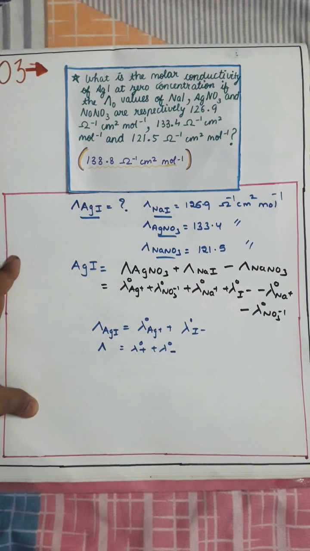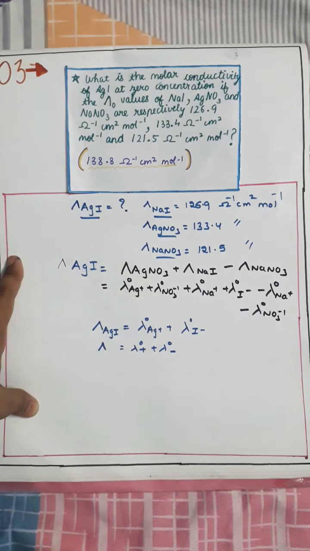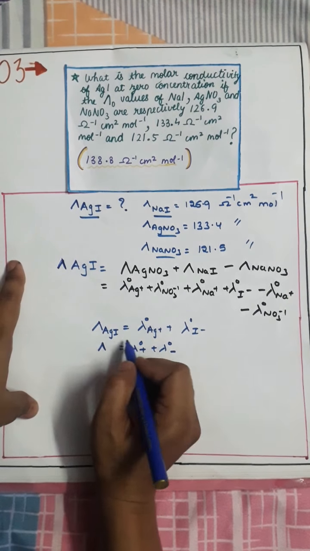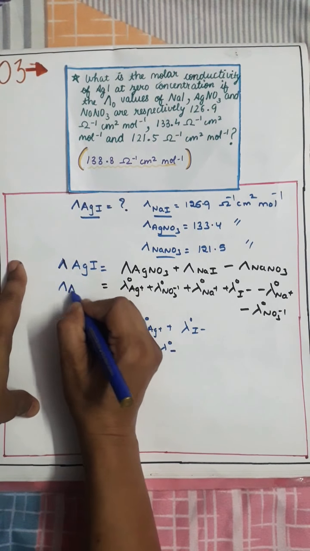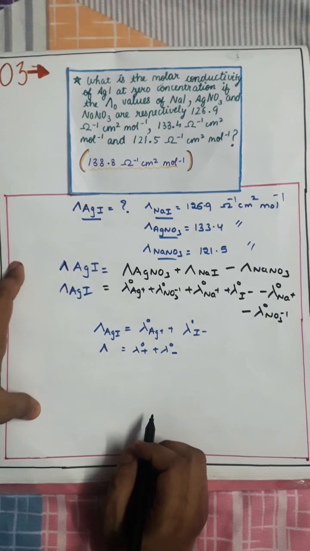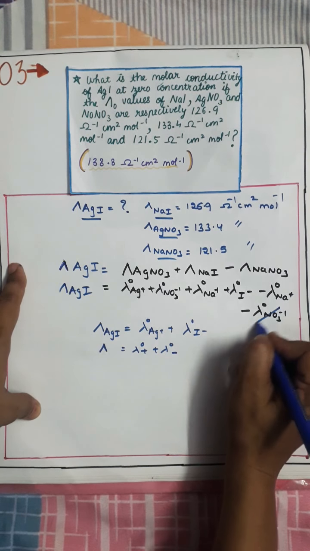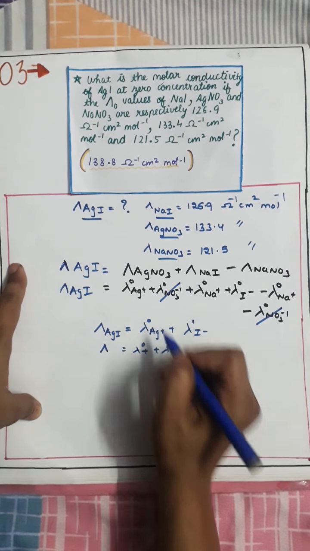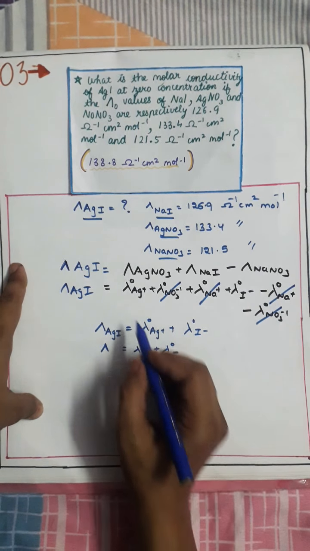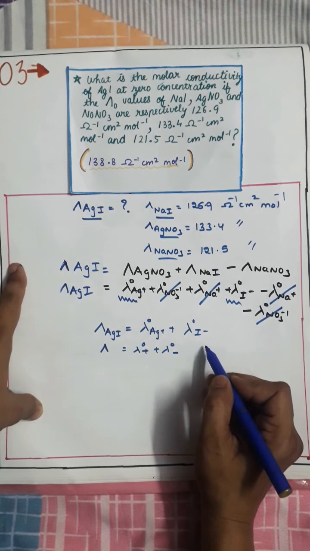So now when you look at this, here is lambda of AgI. Let us look at the common terms. The common terms getting cancelled are NO3 minus and Na plus, and we are left with lambda naught Ag plus lambda naught I minus.